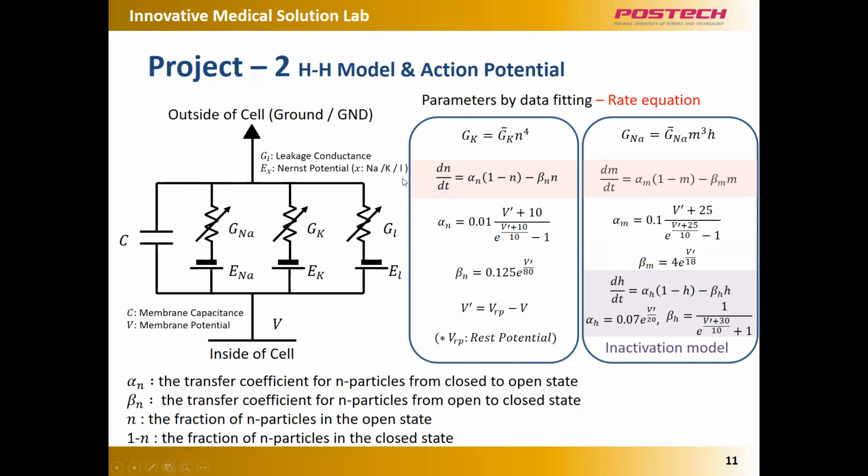In this formula, dN/dt is the increased amount of particles in the open state. If the membrane potential is low, the rate of going from the closed state to the open state is low. And if the membrane potential is high, the rate of going from an open state to a closed state is low. You can understand better if you review Module 5.